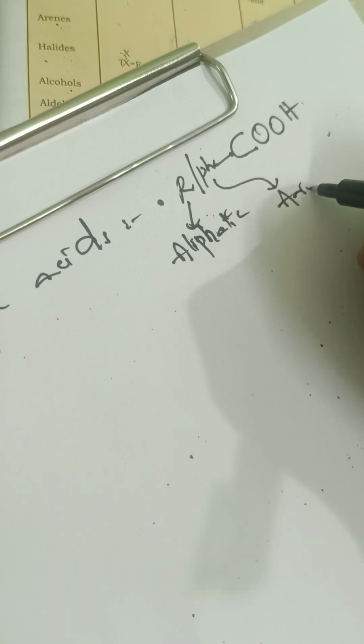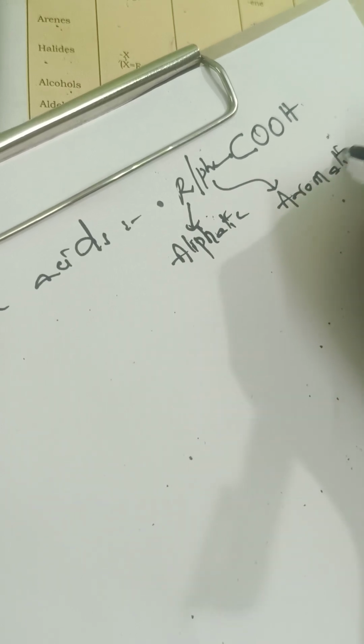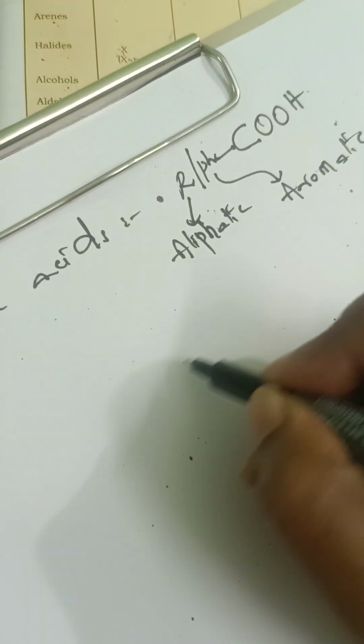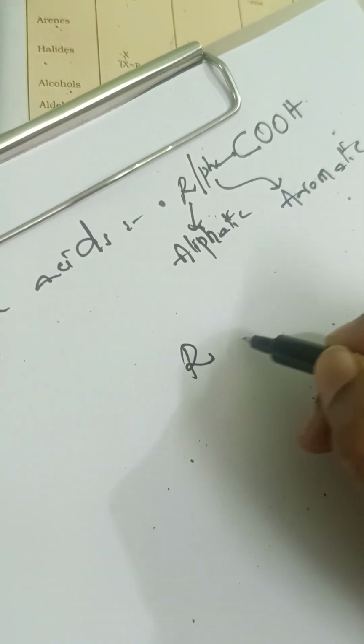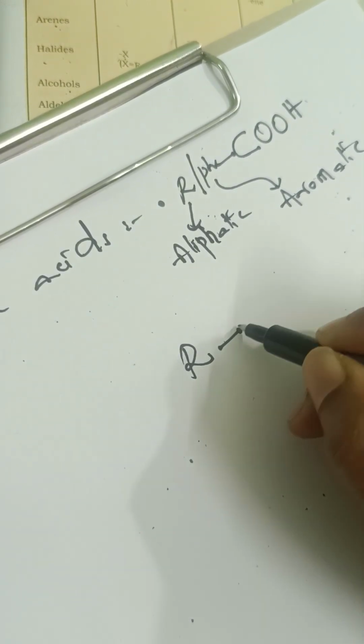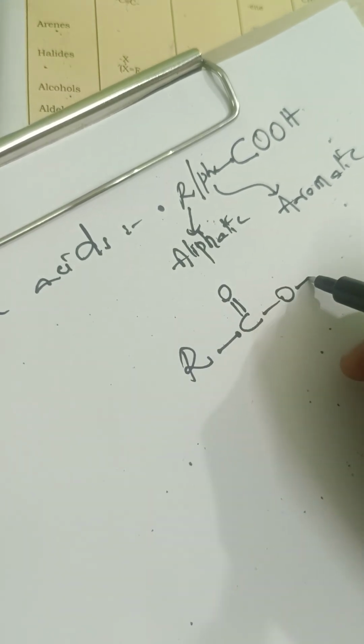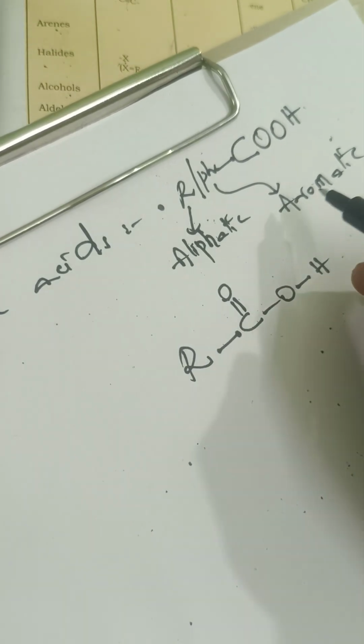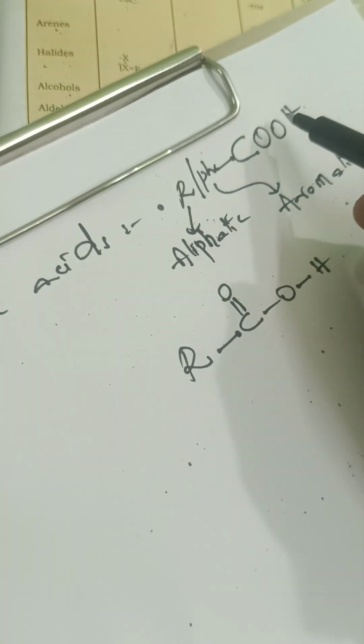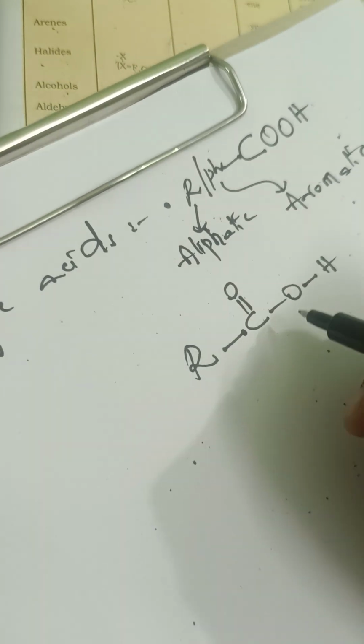If a phenyl group is present, it is considered aromatic. Now this structure can also be written as alkyl bond C double bond O bond H. So you can write this structure like this also.